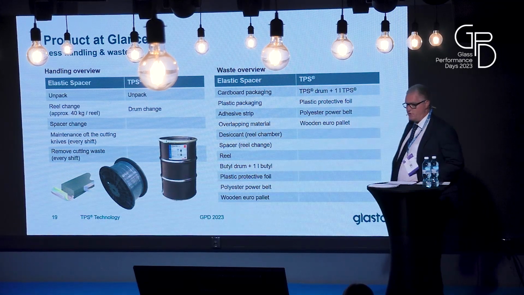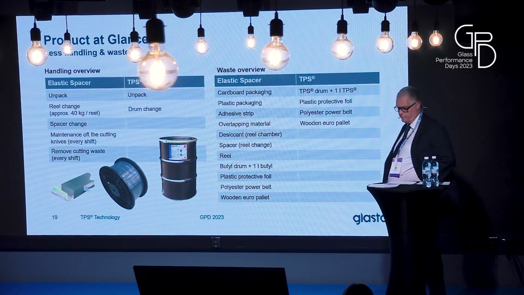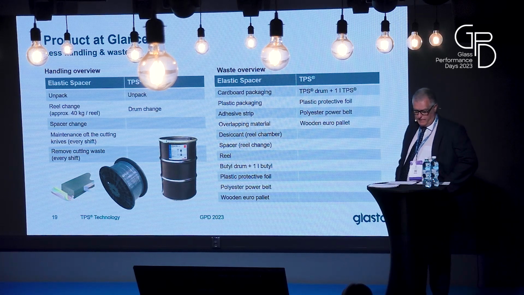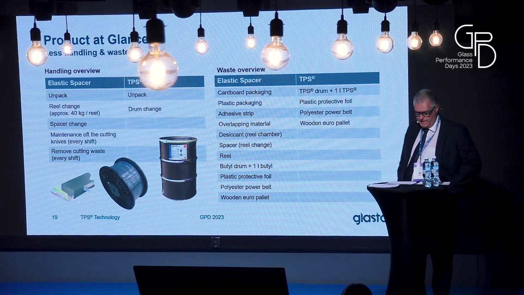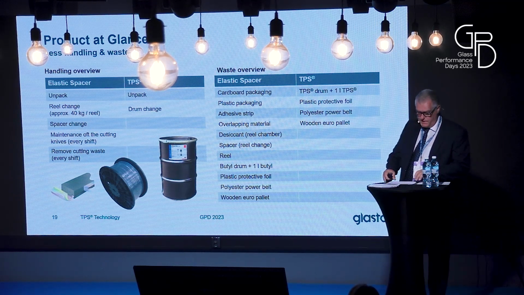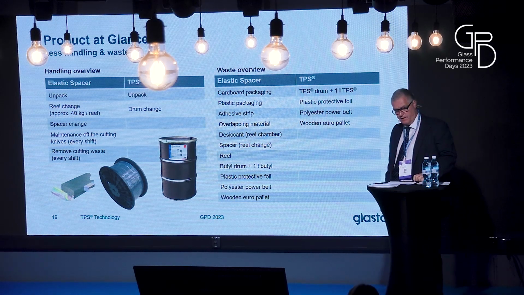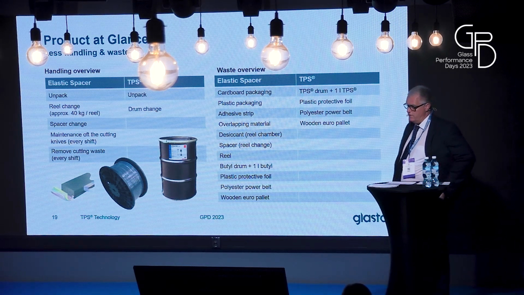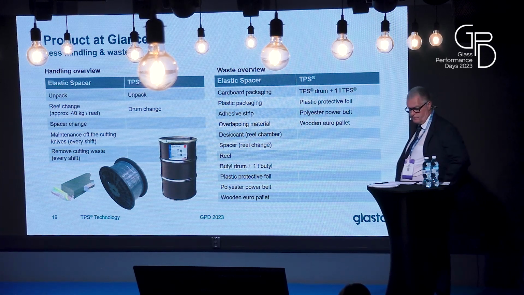As Gennadi mentioned before, everyone is talking about sustainability. If we finally compare the handling and amount of waste between foam spacers and TPS, it is also very impressive with regard to sustainability. On one side, we see that the handling is much more intensive, as Gennadi already mentioned, and on the other side, we see the waste overview.